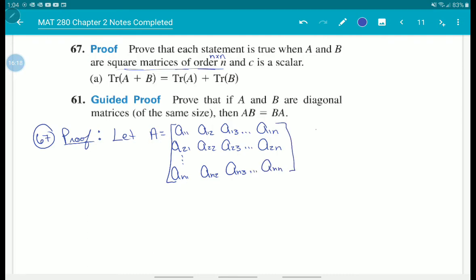And then we're going to let B be similar, but it's just going to have entries B1,1, B1,2, and so on.